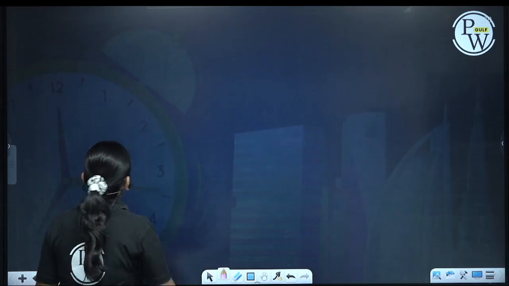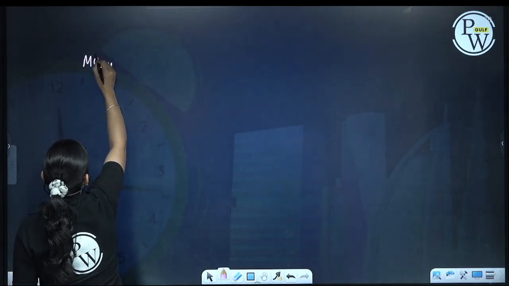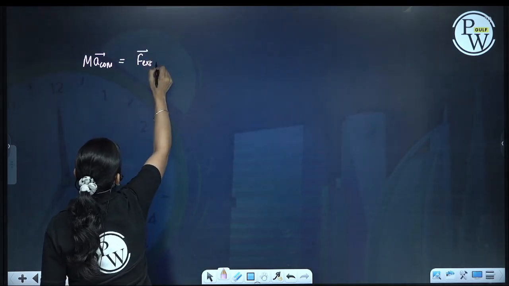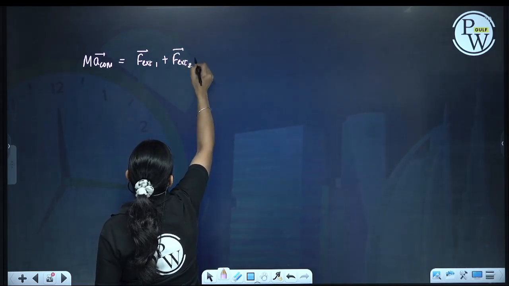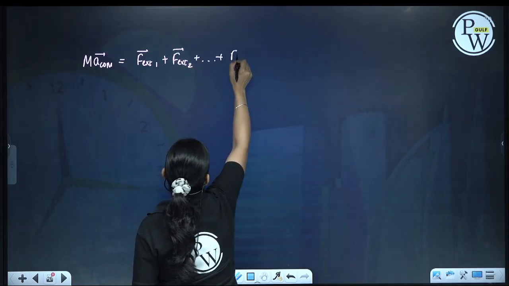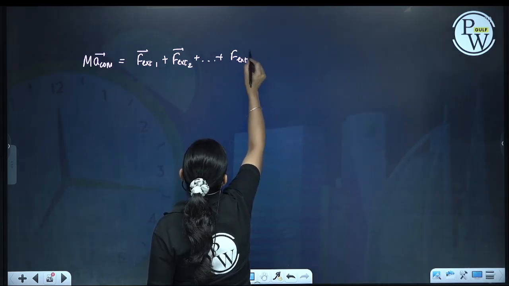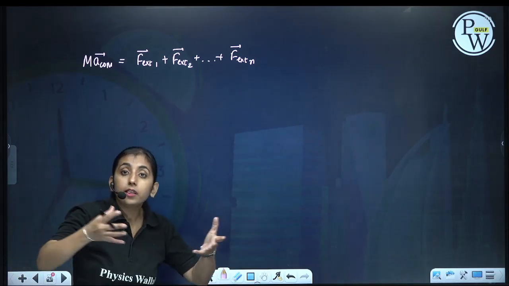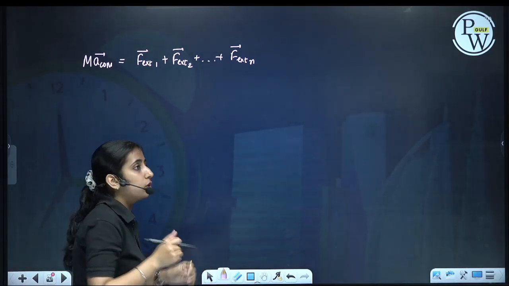So we will get M into ACOM is equal to the external force on 1, the external force on 2, and so on, up till the external force on the nth particle. The sum of all the external forces gives us the net external force on the system.